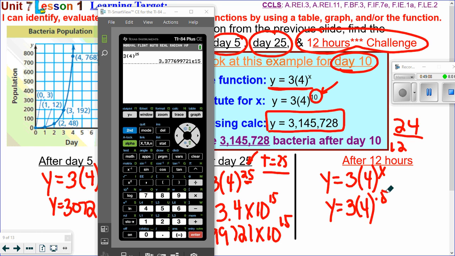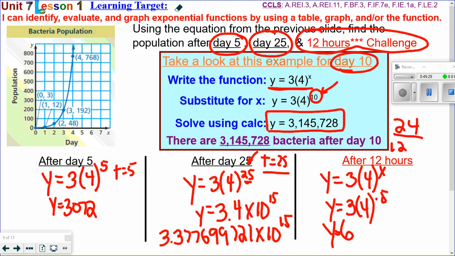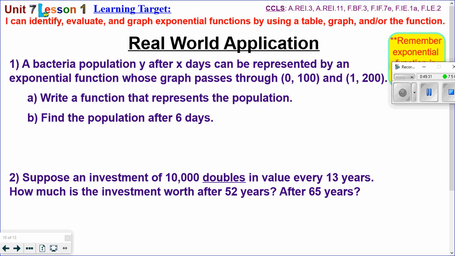I'm going to put that into my calculator, which is 3 times 4 to the 0.5. Then press enter. You get 6. Lonely 6. Y equals 6. Okay, and that's basically it.